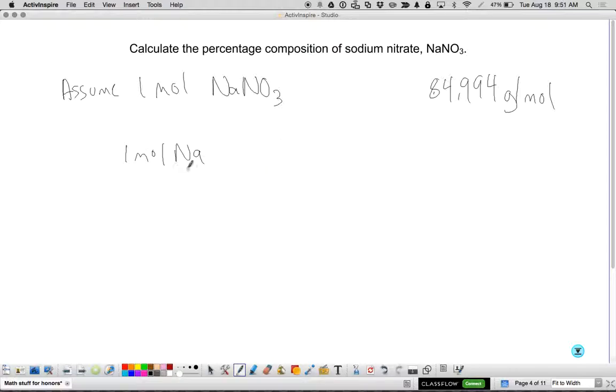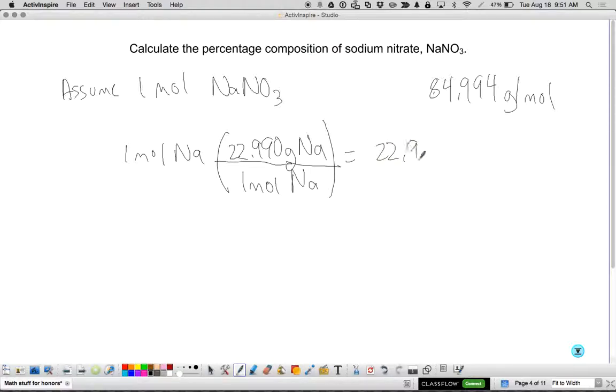And then I can convert that mole to a mass. Okay, so that's 22.990 grams sodium.